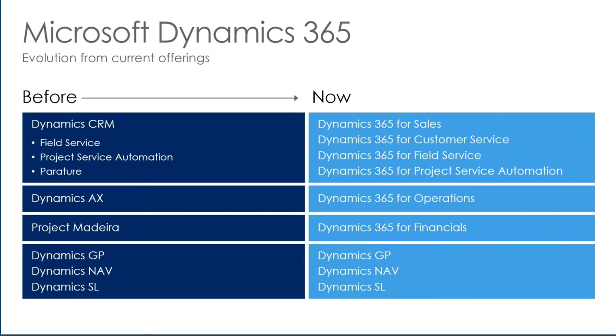And then from an AX perspective, Dynamics AX now is Dynamics 365 for operations. What was previously announced as Project Madeira is now Dynamics 365 for financials. And then Dynamics GP, NAV, and SL, the balance of the Dynamics portfolio, will continue to exist as is.